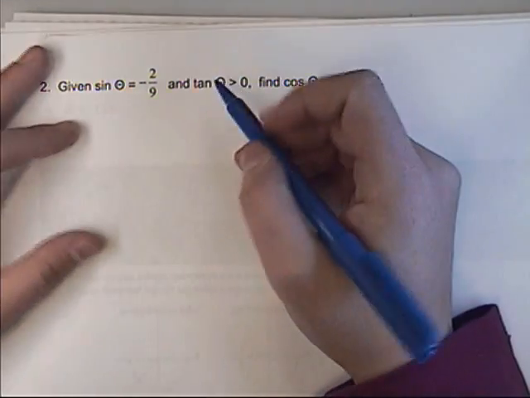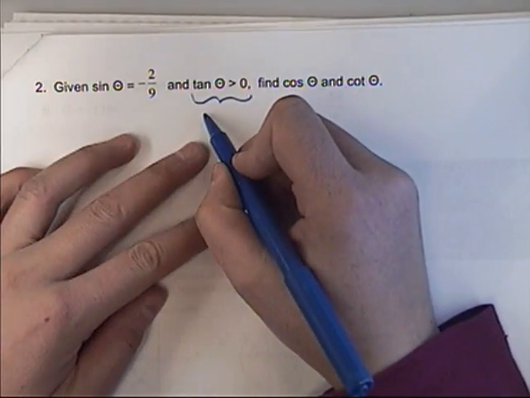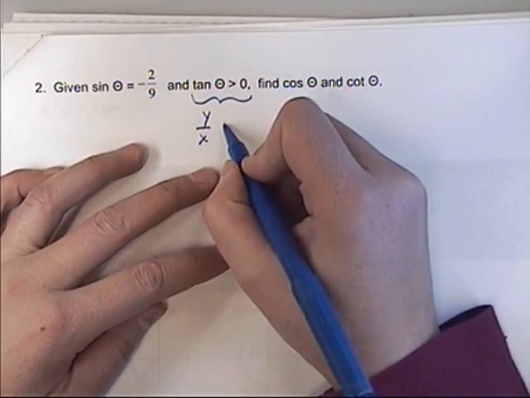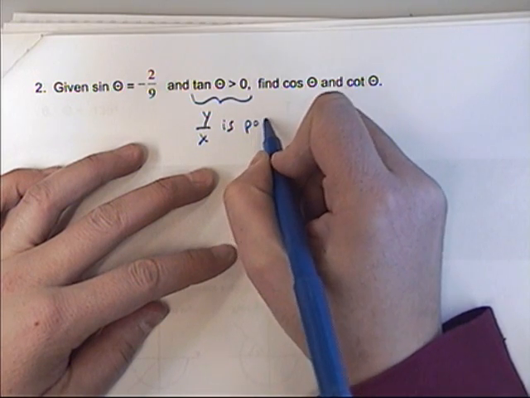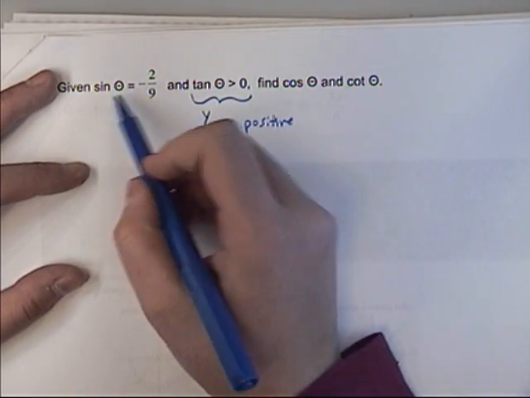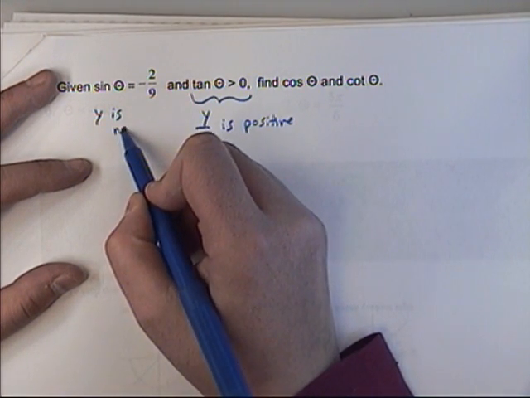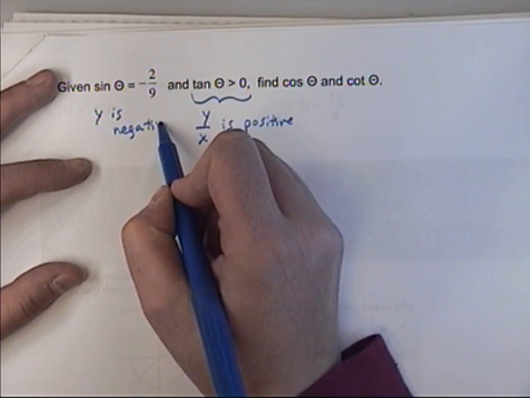Okay. The tangent is greater than 0, means that y over x is a positive fraction. Now, if the sine equals a negative number, that means y is negative.